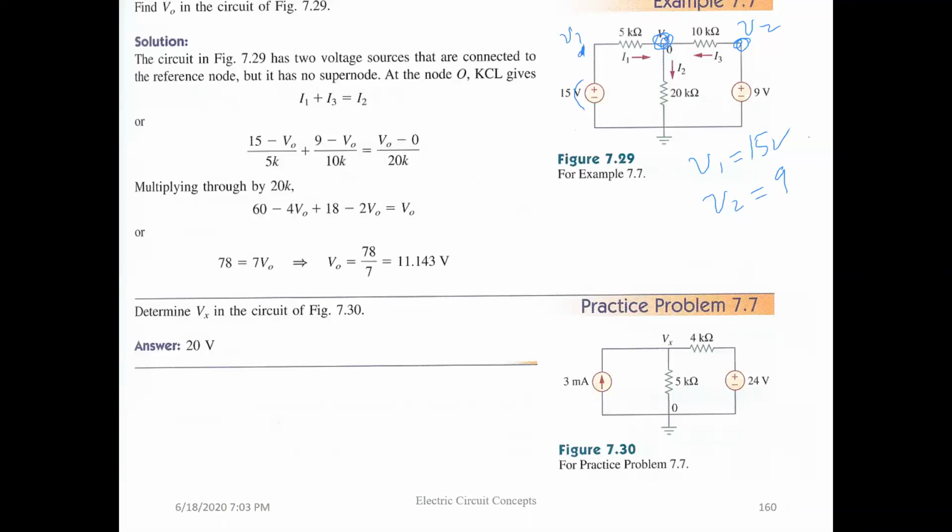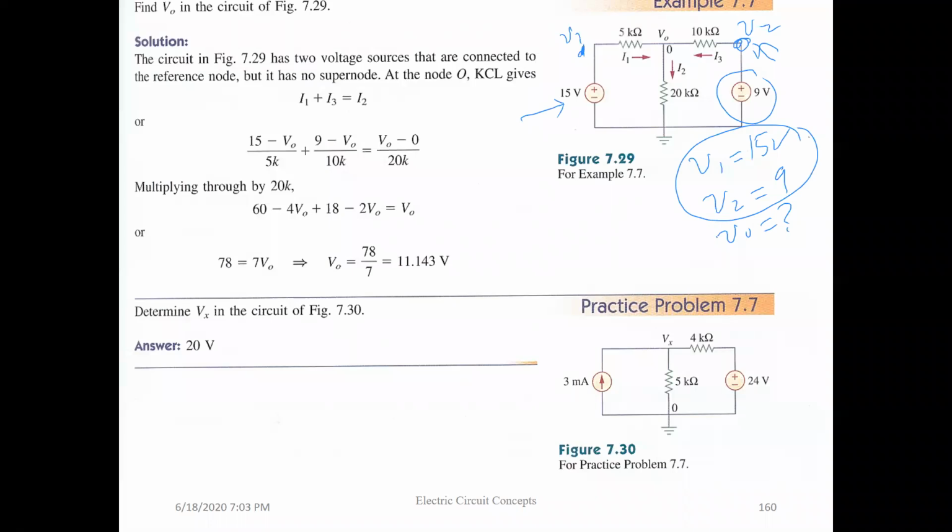So 2 of the 3 are already determined, and we need to find V0. To find V0, we apply KCL at node V0. We don't need to apply KCL at node V1 or node V2 because we already have their values.